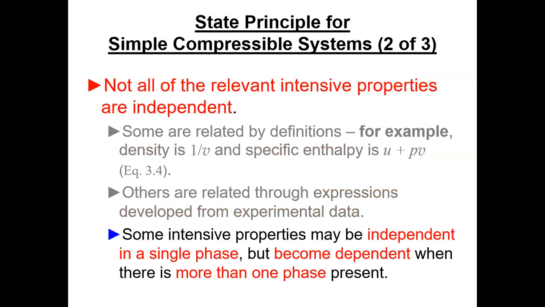Some intensive properties may be independent in a single phase, but become dependent when there is more than one phase present. And so the big example there, and we'll talk more about this, is if you're boiling water on the stove, the temperature at which it boils is dependent upon the atmospheric pressure in the room.